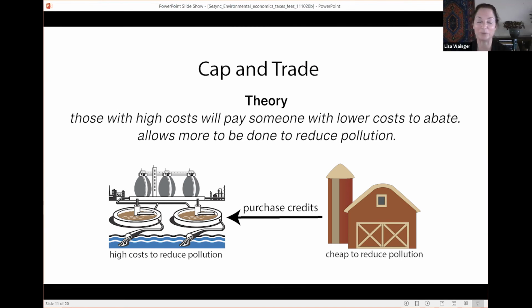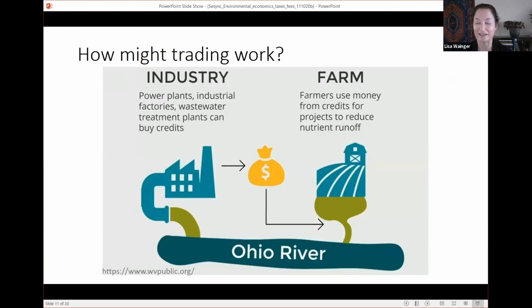Although I have to say, water quality trading is actually not as theoretically sound as air quality trading was. People point to the success of air quality trading as a reason why water quality trading should work just as well. But the problem with water quality trading is that they want industries that have high costs of reducing their nutrients to buy credits from farms that generally have low costs of reducing their nutrients.